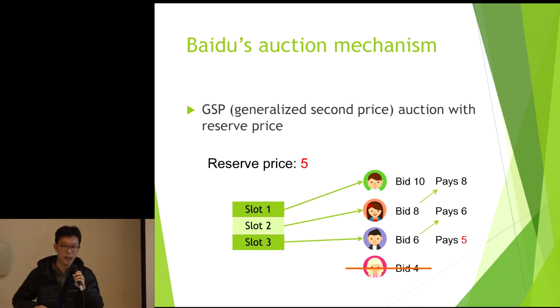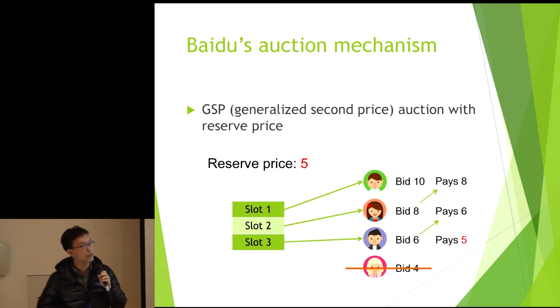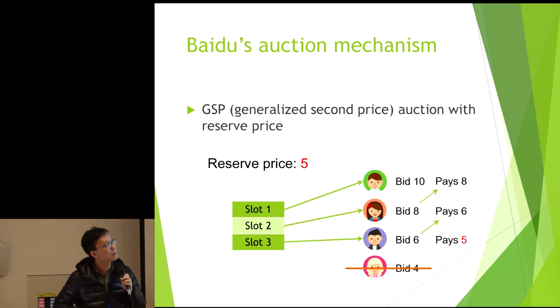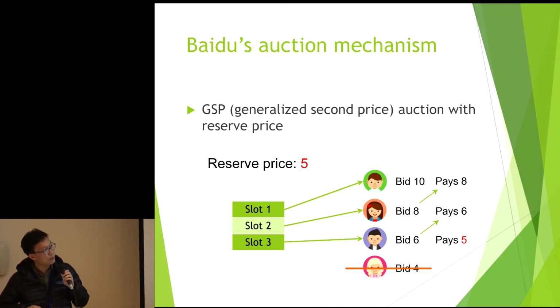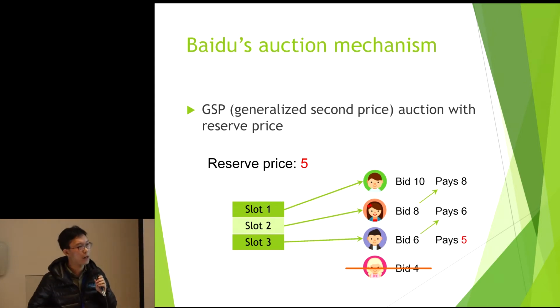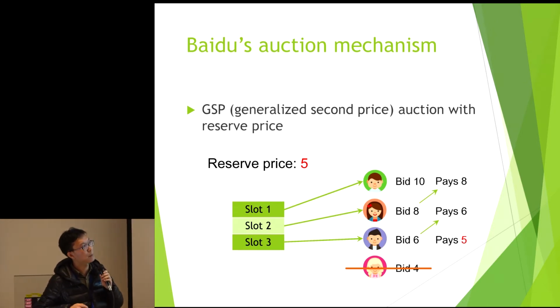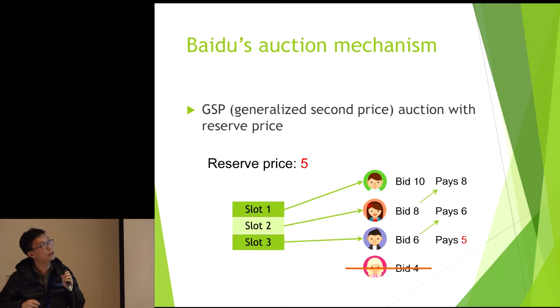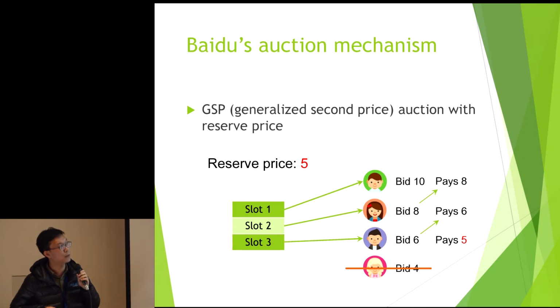And each bidder pays the maximum of the reserve price and the next highest bid. Okay, so simple mechanism. But if we view this reserve price as the parameter of the mechanism, we can try to optimize the revenue of this mechanism by setting a reasonable reserve price.